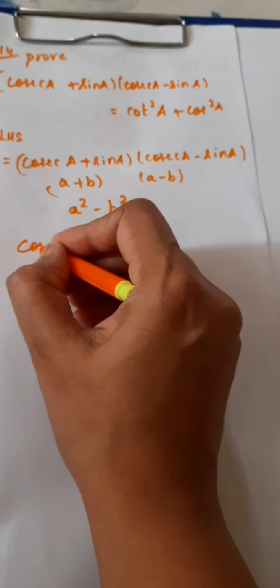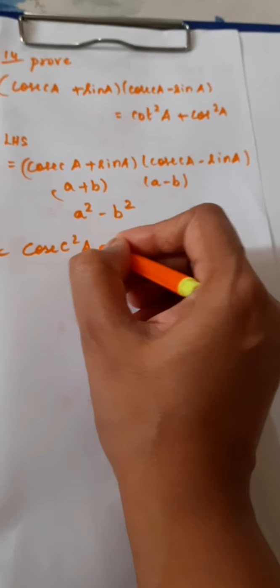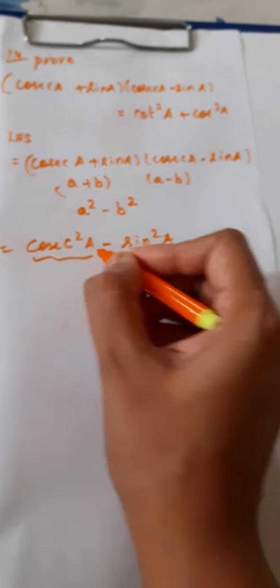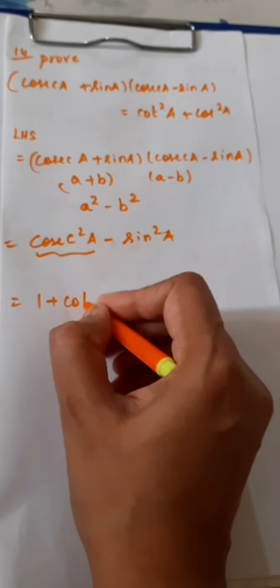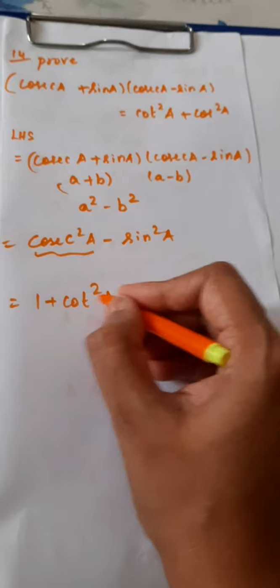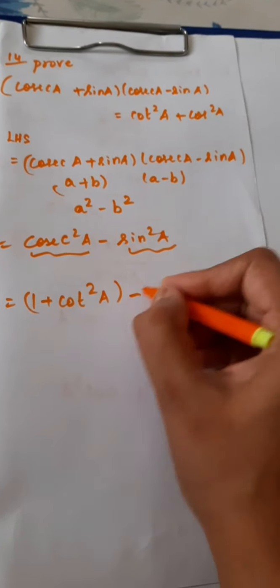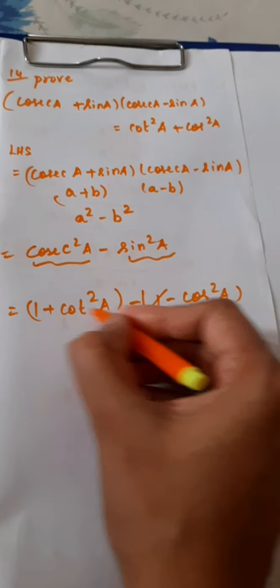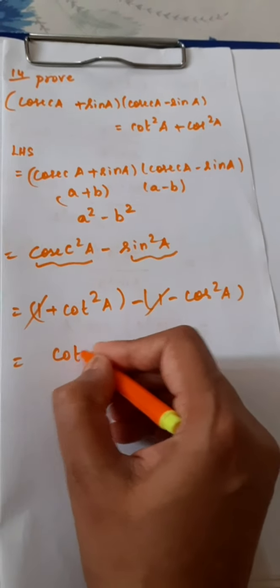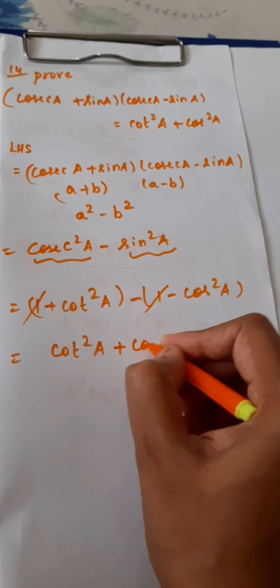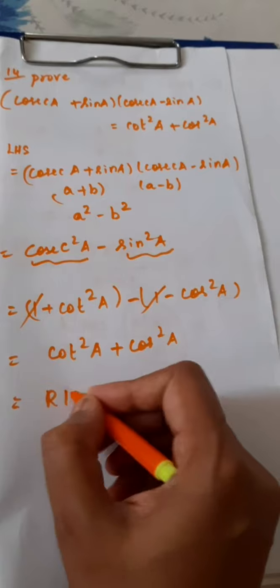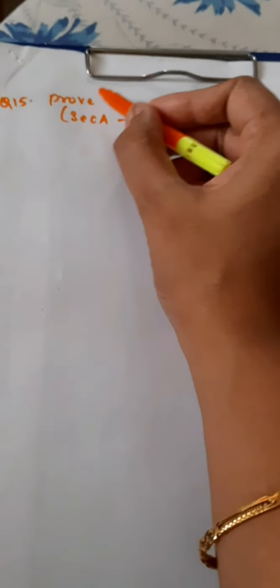So cosecant square A minus sin square A. Cosecant square is what? 1 plus cot square A. Sin square is 1 minus cos square A. So these two 1s will go. It's going to be cot square A plus cos square A. Minus into minus is plus, which is the RHS. Hence proved.